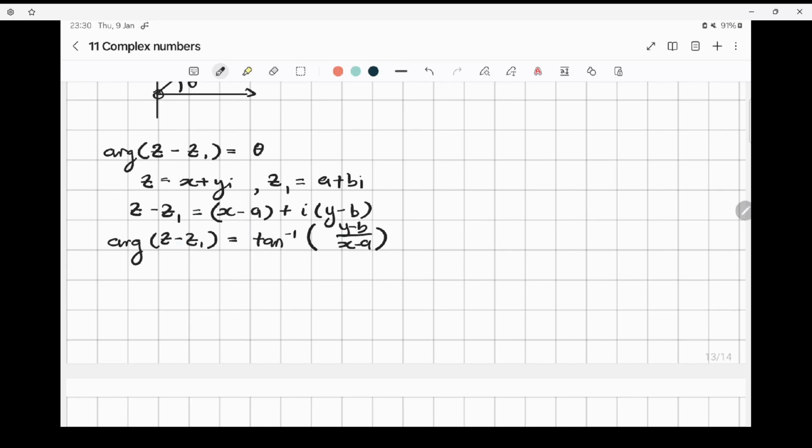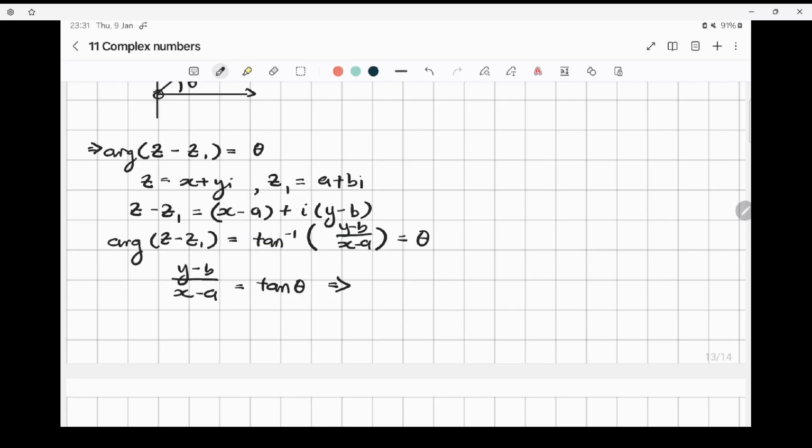And from what we have defined in the first line, this is equal to theta. So then you can perform the tangent on both sides, so that you get y minus b divided by x minus a. This is tangent theta.